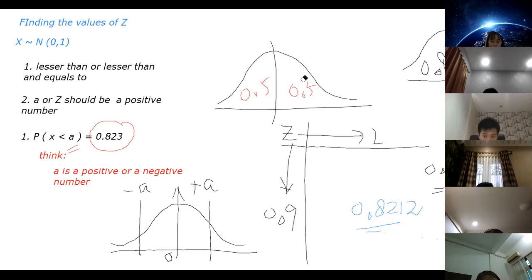To get 0.823, we have to take 0.8212 added with 0.0018.